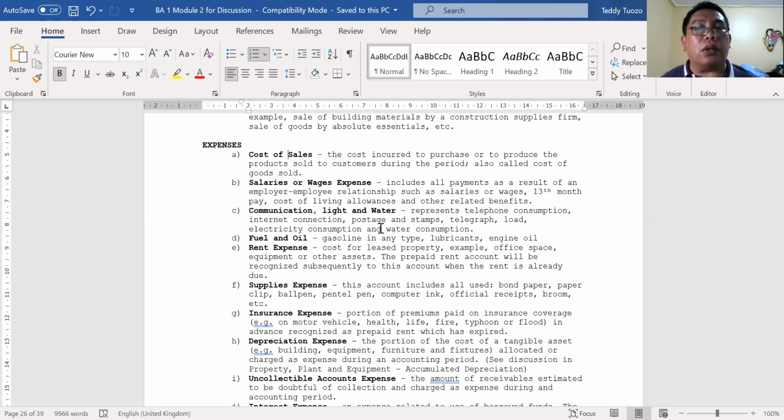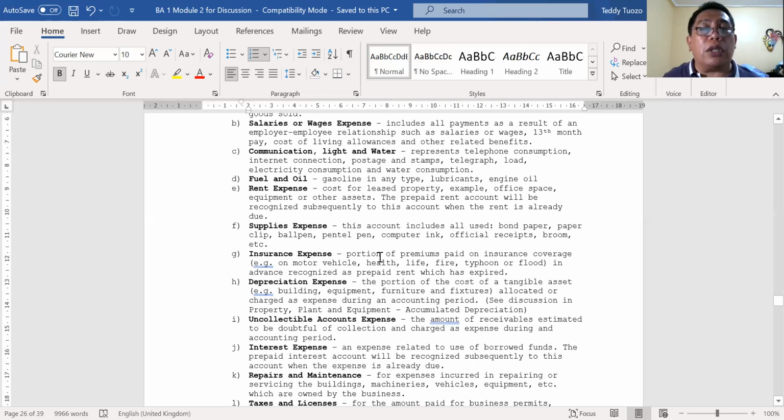The expense account is simply supplies expense, or office supplies expense, or supplies used expense, because when you say used, it means expense. Insurance, again, remember the rent, the supplies, and insurance are discussed in the prepaid expenses, or under prepayments.